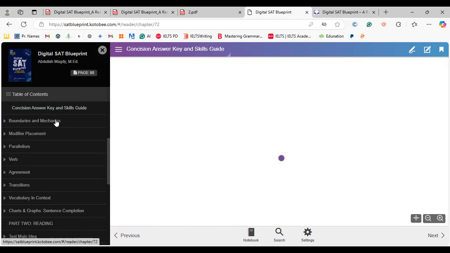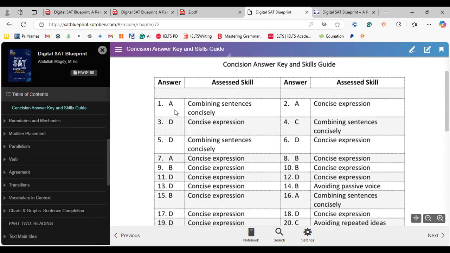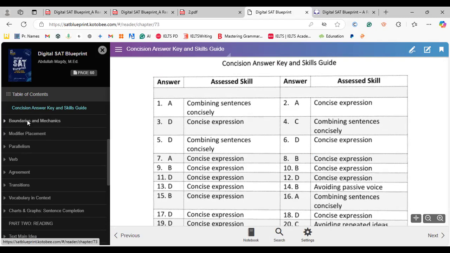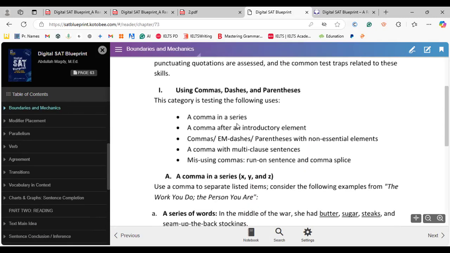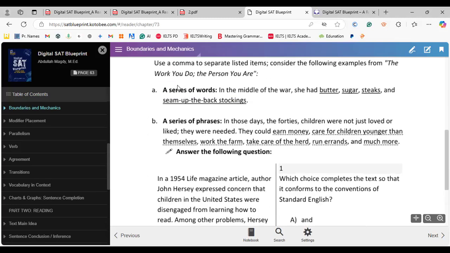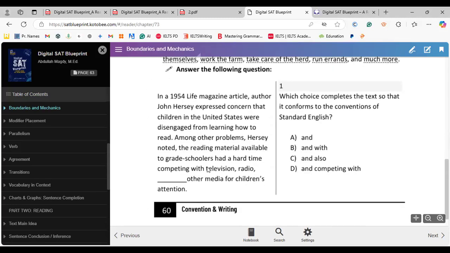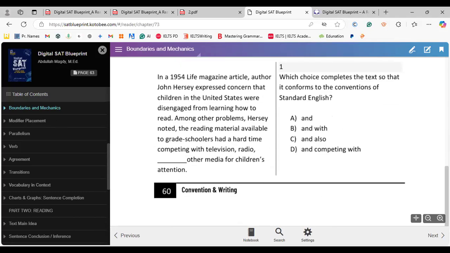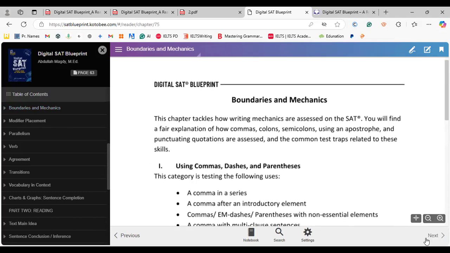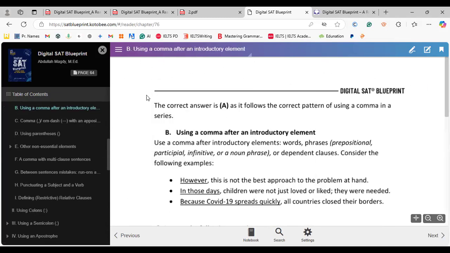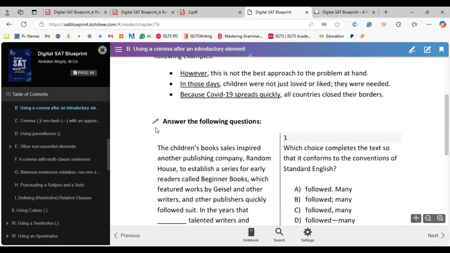After that, we have the answer key. The answer key is not only giving you the answer, as we said before, it also gives you the sub skill that you need to get back to. So imagine that you made a mistake here, you need to get back to that point and study it. Same in boundaries and mechanics. You have explanations, and explanations to the questions within the chapter.